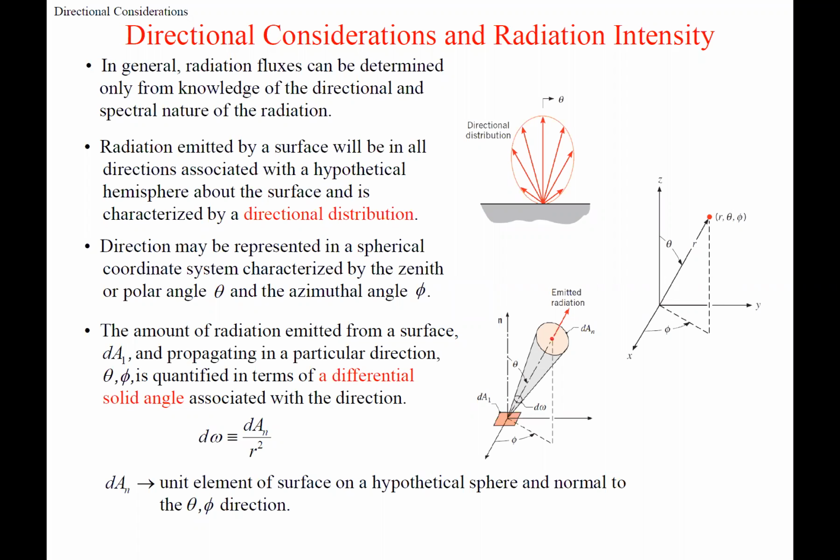That means we have a directional distribution. So we have to worry about directional considerations and the radiation intensity at those different directions. It might be emitting here more than it's emitting here at different points over that hemisphere. So that's where that directional influence comes in. It's a function of the direction.